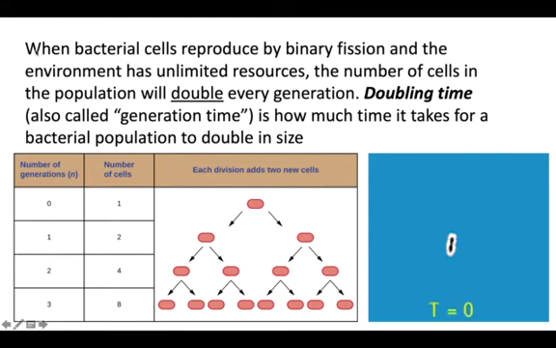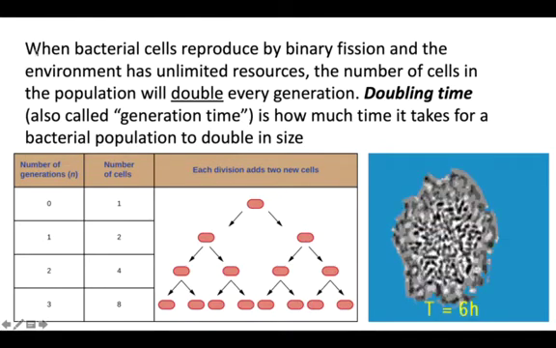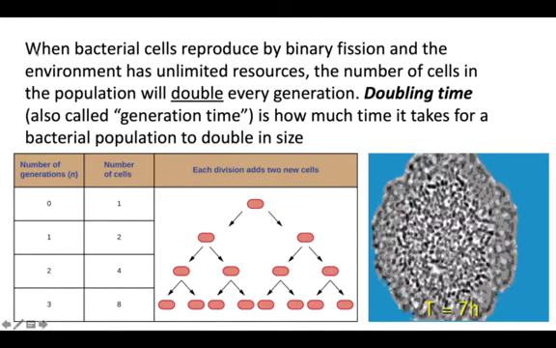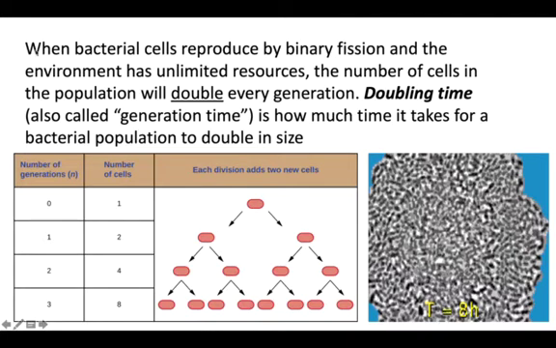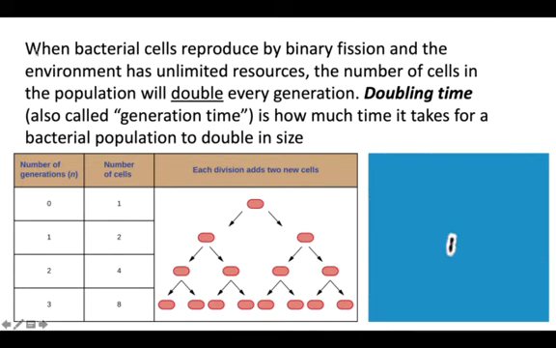Okay, so we know bacterial cells reproduce by binary fission. And if the environment has unlimited resources, by that I mean it has a lot of nutrients for that bacteria, the pH is right, you're never going to run out of food, never have a buildup of waste products.